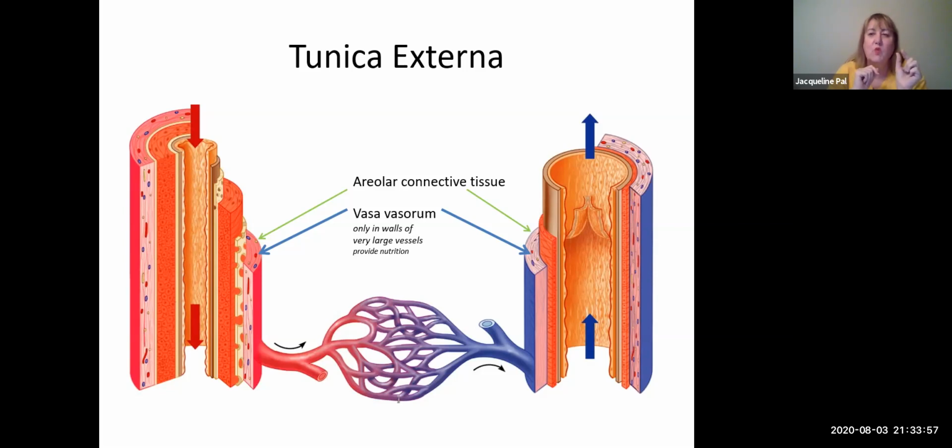Because the blood vessel wall is so thick, it needs its own little blood vessels to bring nutrients to the tissues in the wall. And the names of these blood vessels are called the vasa vasorum, which just means the blood vessels of the blood vessels. So it's kind of a cool name.